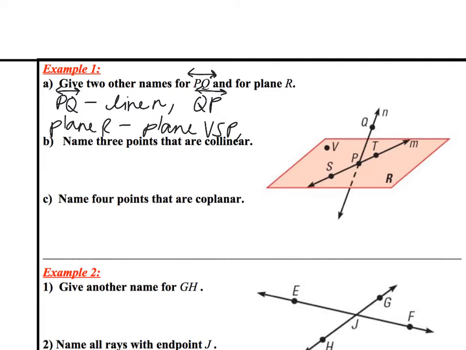We'll practice that tomorrow. So Q is actually not on the plane. Good thought, though. So plane VSP and plane VPT. Guys, what are they? Thank you. Tell your partner, what are the 4 points that are coplanar? VSPT. They are all on the plane.